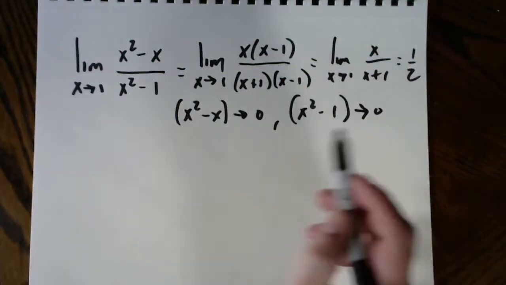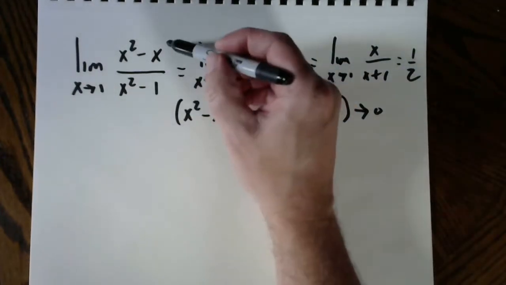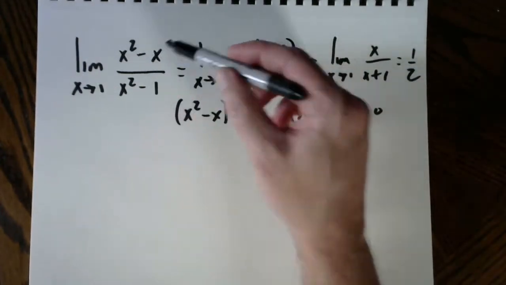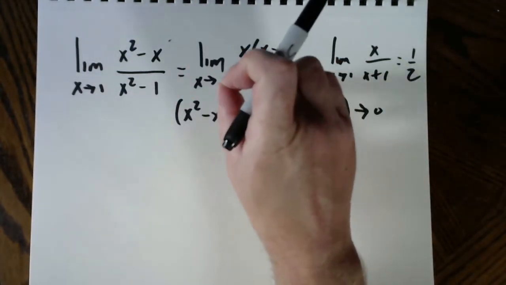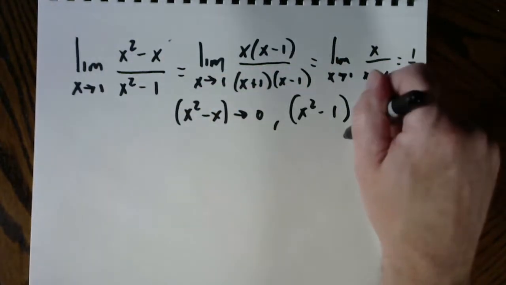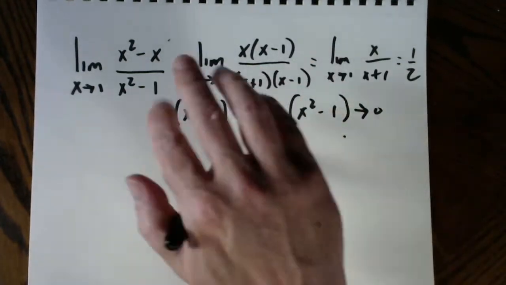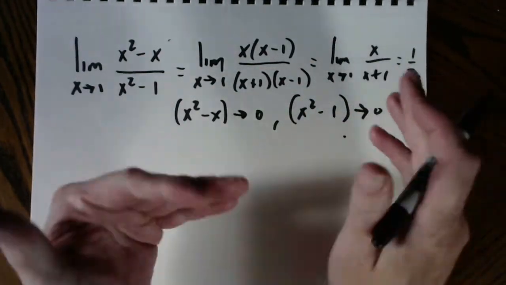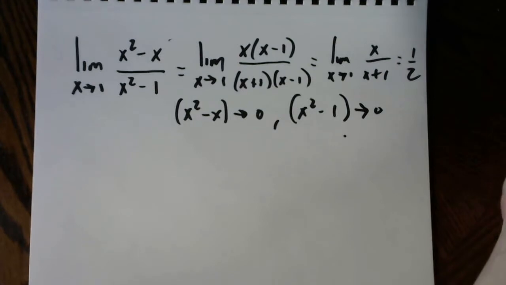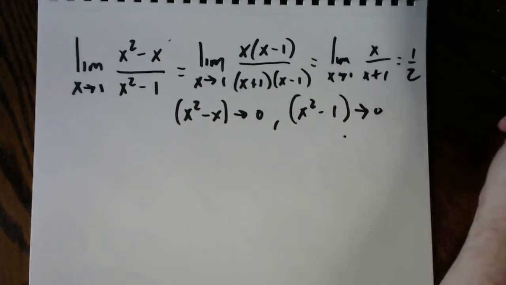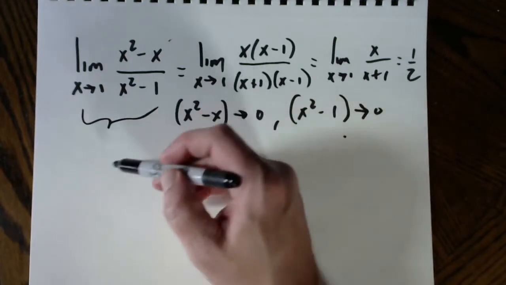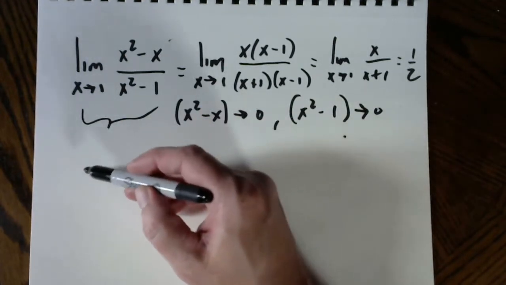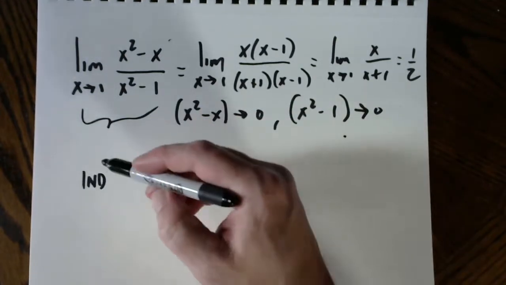So the point being this, the top and bottom, if the top is going to 0, that has the effect of making the whole thing smaller. If the bottom is going to 0, that has the effect of making it larger. So you have these competing effects. That's what an indeterminate form is. This limit takes the indeterminate form. Indeterminate. It's kind of hard to say.